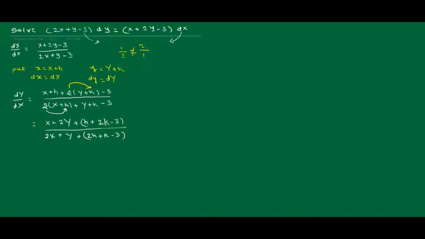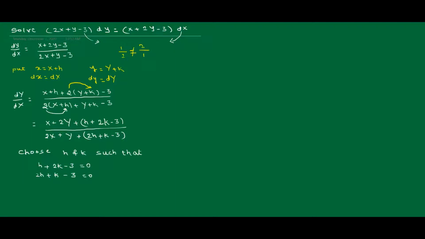Let us choose small h and k such that h plus 2k minus 3 is equal to 0, and next 2h plus k minus 3 is equal to 0. Now find the values for h and k.